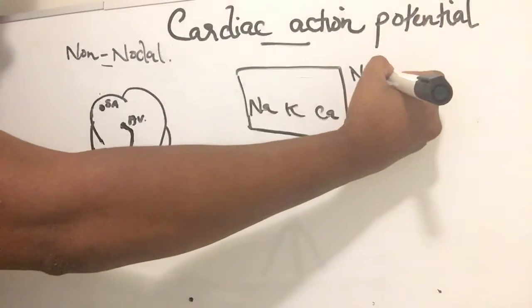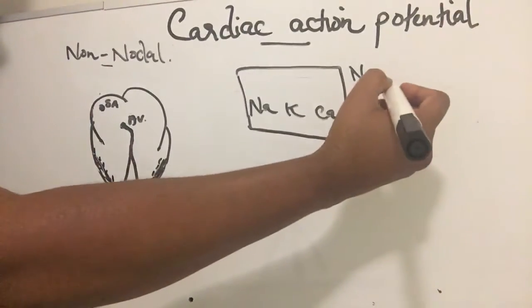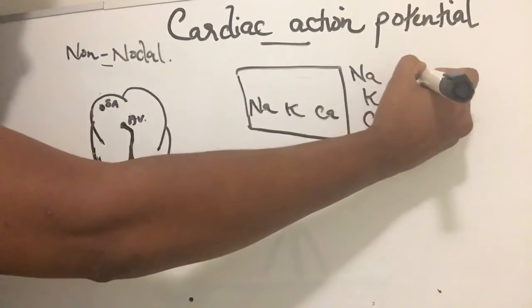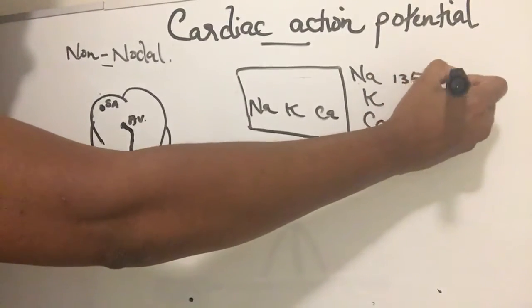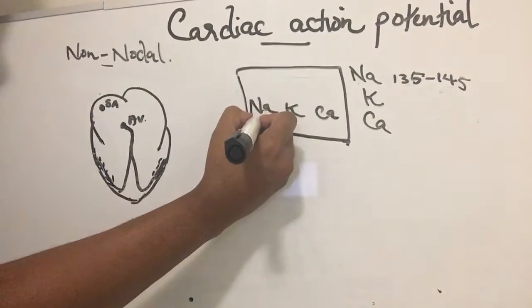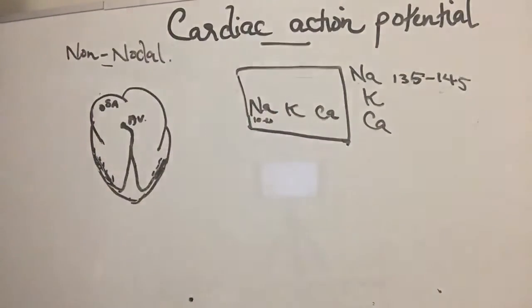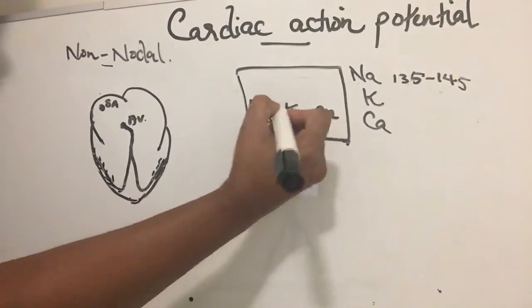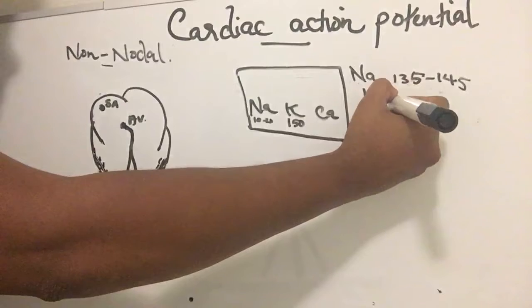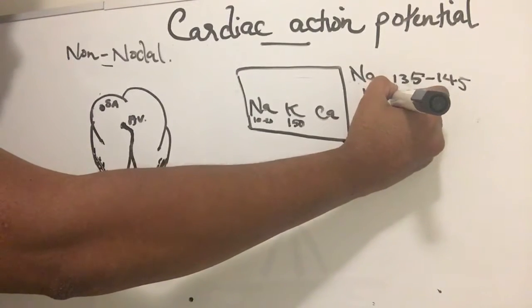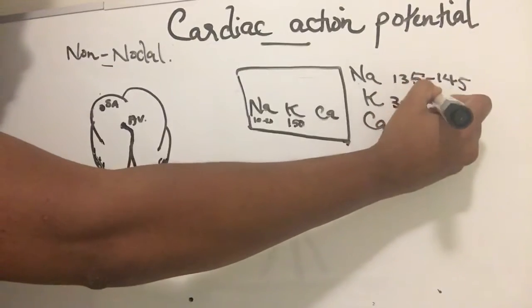So in the extracellular space, the normal value of sodium is 135 to 145, whereas inside the cell it's only about 10 to 20 millimoles. Potassium inside the cell is approximately 150, whereas in the extracellular space it's only 3.5 to 4.5.